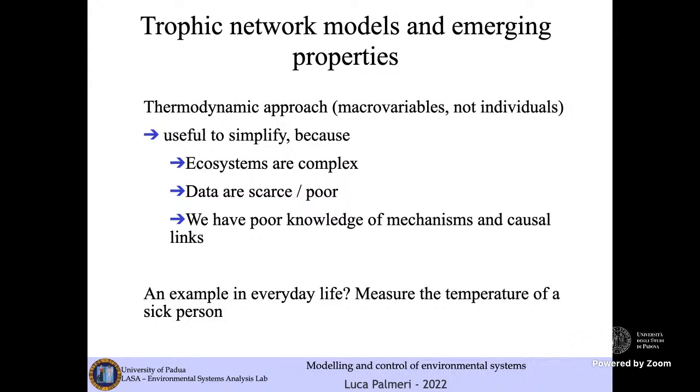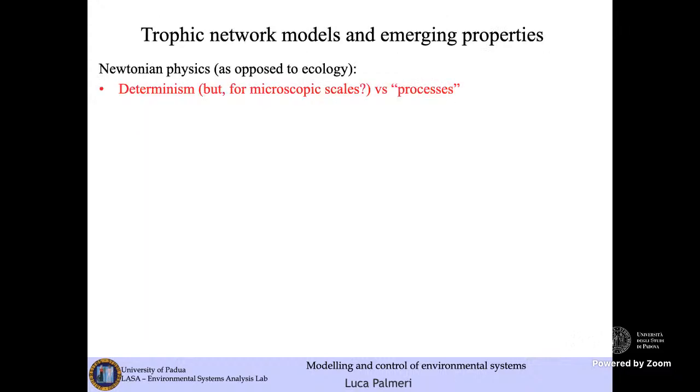You measure the temperature of a sick person, and this is a very powerful and significant indicator of the condition of the organism. So we are switching from Newtonian physics to ecology. Newtonian physics was based on determinism, but at the microscopic scales, we have to give up our pretension of being too deterministic. So we switch from a strong determinism to an analysis of processes.